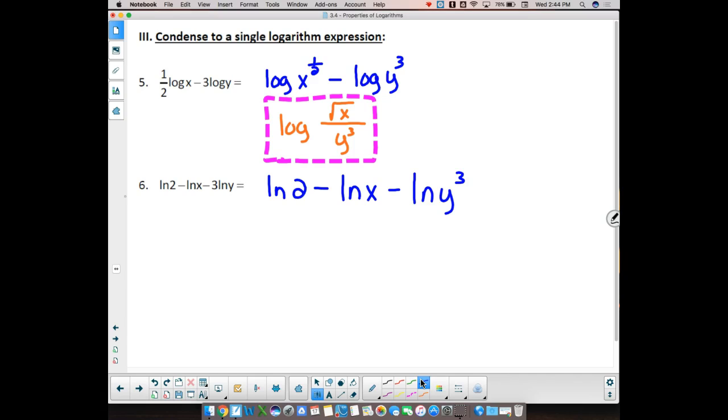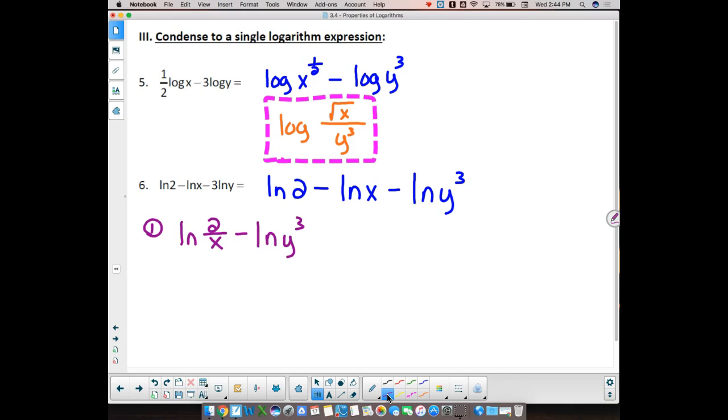Okay? So first way here, I'm going to work left to right. So then natural log of 2 minus natural log of x would be the natural log of 2 divided by x. Correct? Minus the natural log of y cubed.